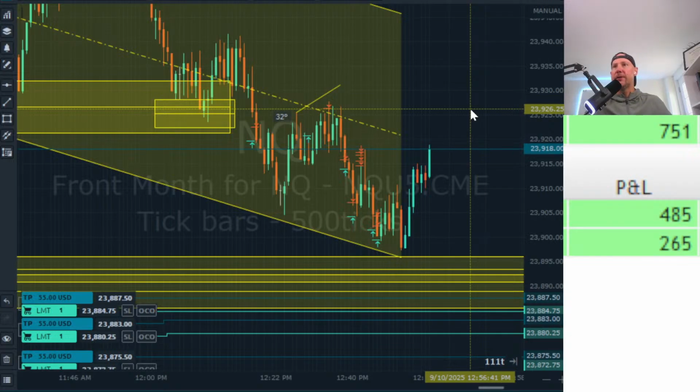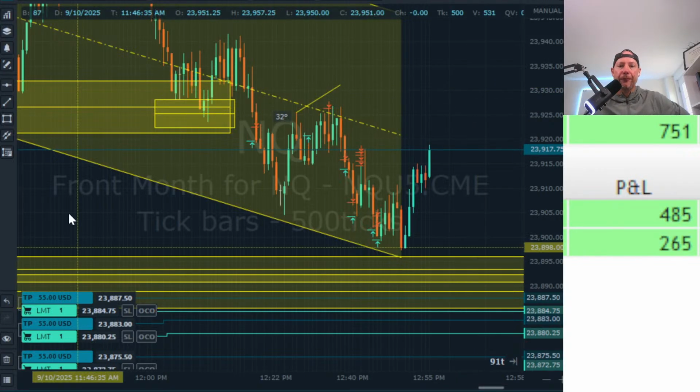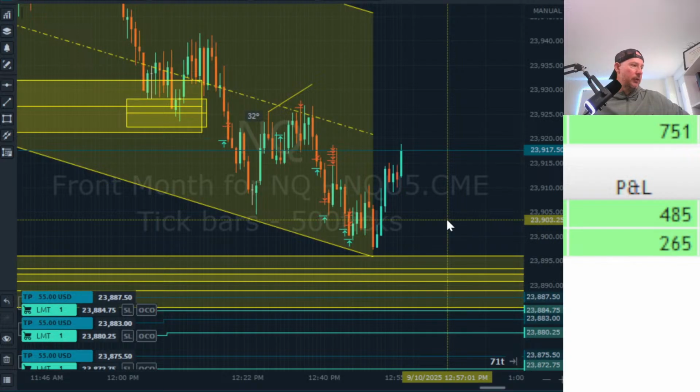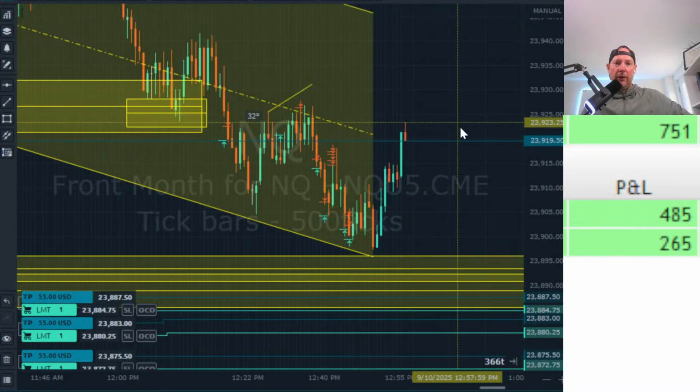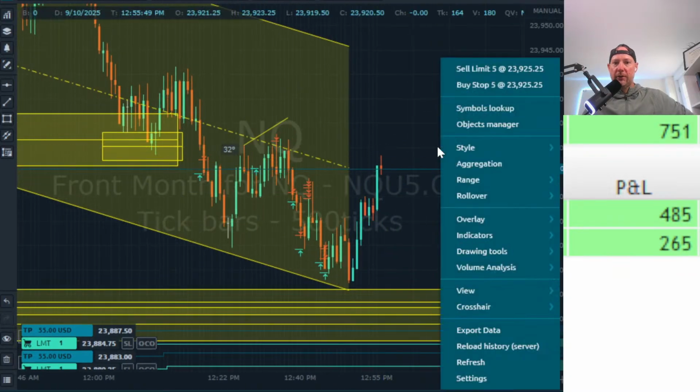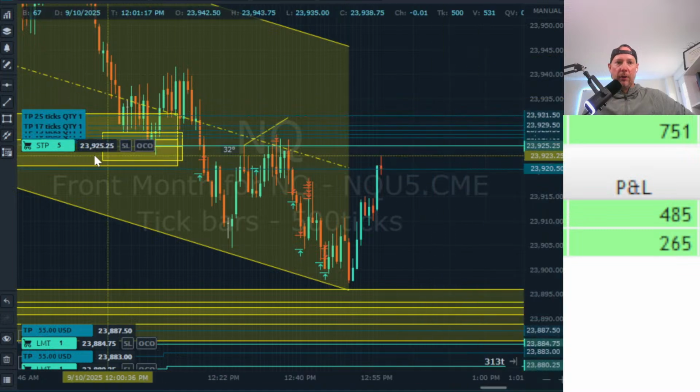Okay, let's see. We are bull flagging here. Alright, this bull flag worked. Okay. Alright, so we definitely are getting some strength here out of the buyers.